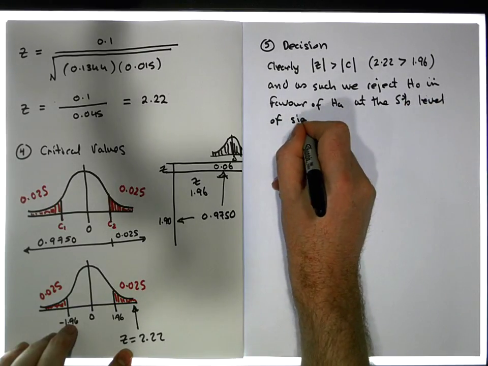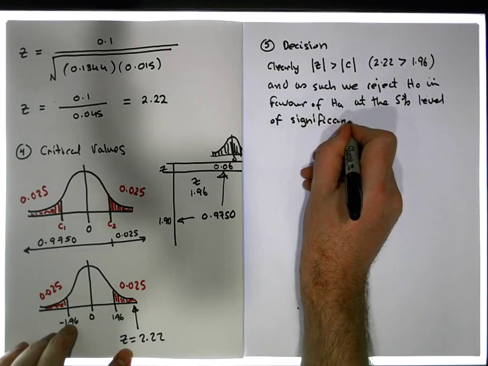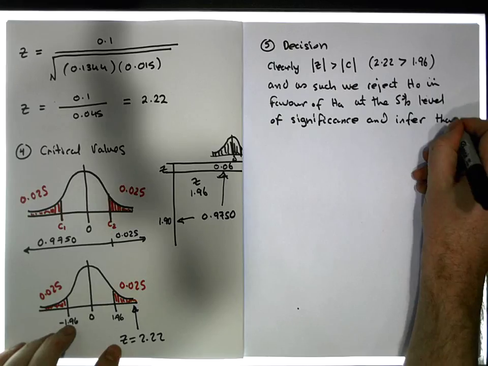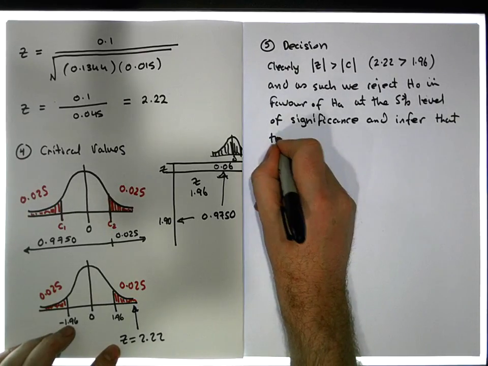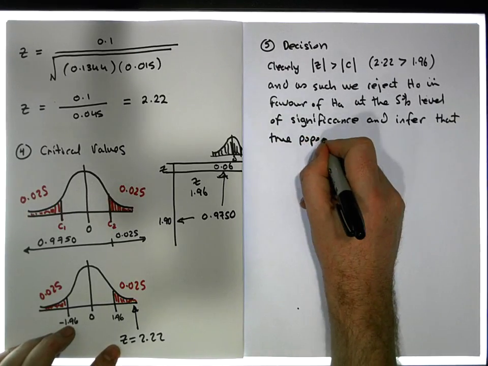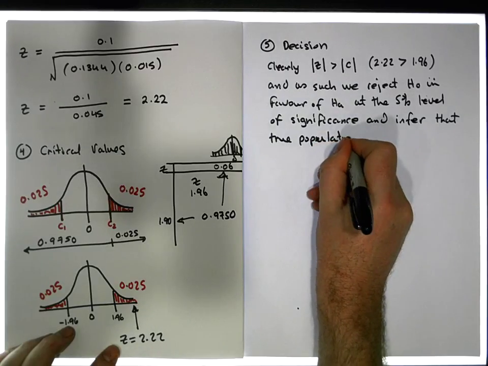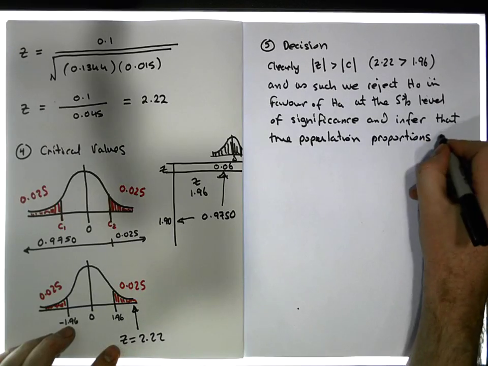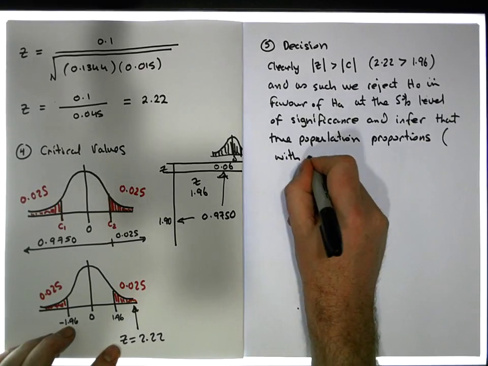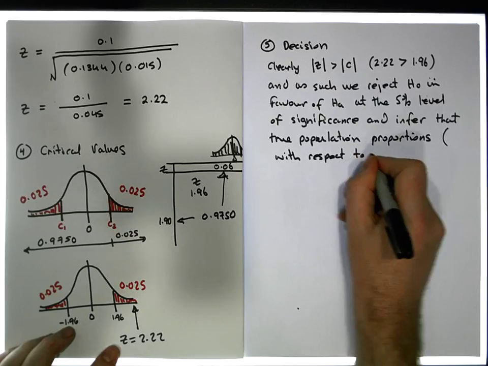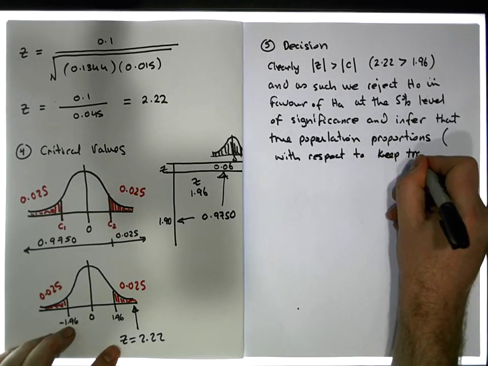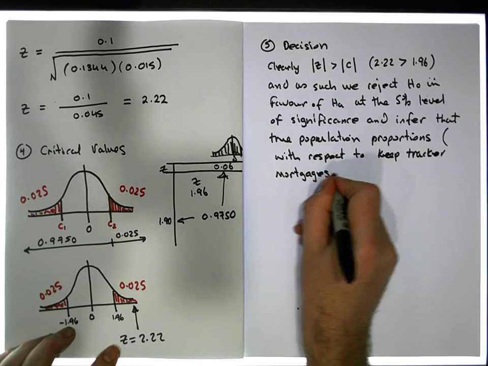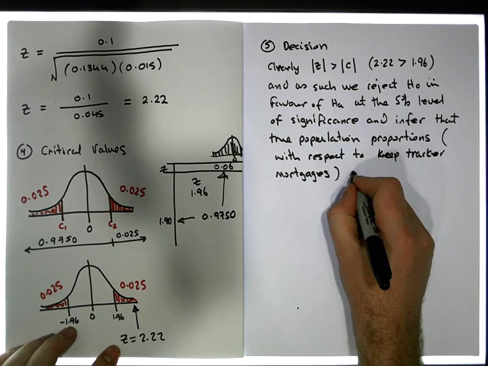And now we can make our inference. We infer that the true population proportions with respect to keeping tracker mortgages are different.